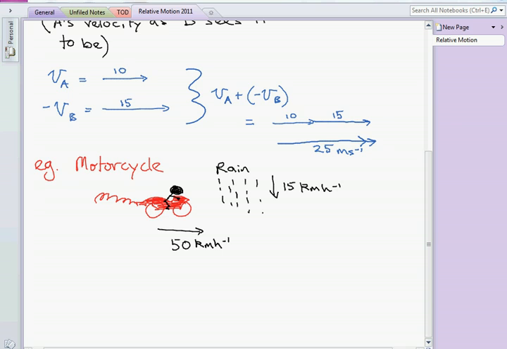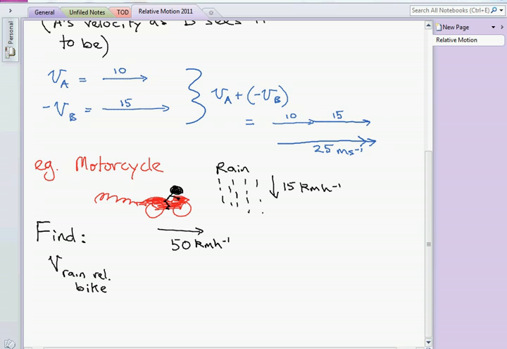So what do we want to find? Velocity of the rain relative to the cyclist. Find V rain, let's just stick with my little term, relative to the bike.